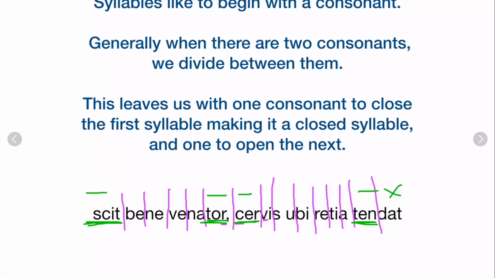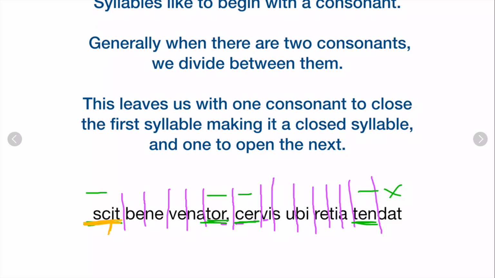Okay, because even though this I is short by nature, it's there in a closed syllable. So the I doesn't become long, but the syllable is long, even though the vowel in it is short. And the syllable is long because it ends in a consonant, and that makes it take longer to say. And that's what a long syllable is.